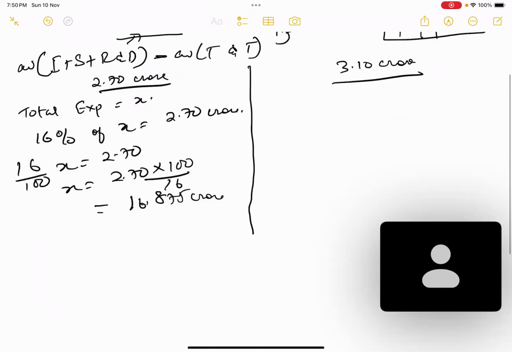Similarly, we will take it for 3.10 crore. 16% of X is equal to 3.10 crore, which means 16 by 100 X is equal to 3.10. X is 3.10 into 100 divided by 16, which is 19.375.